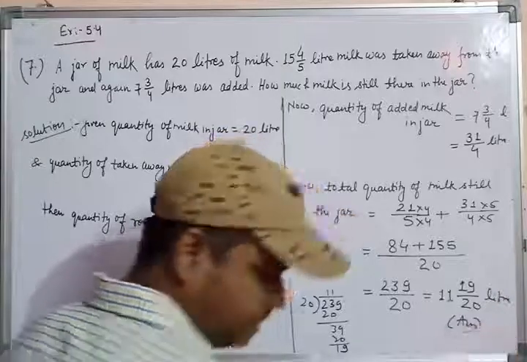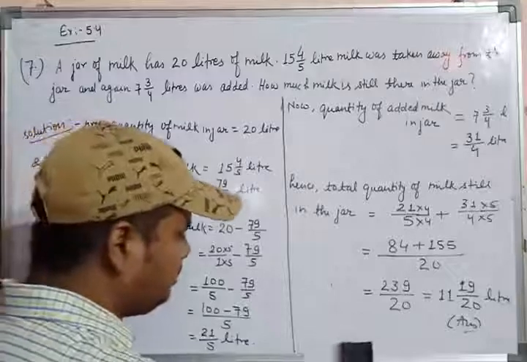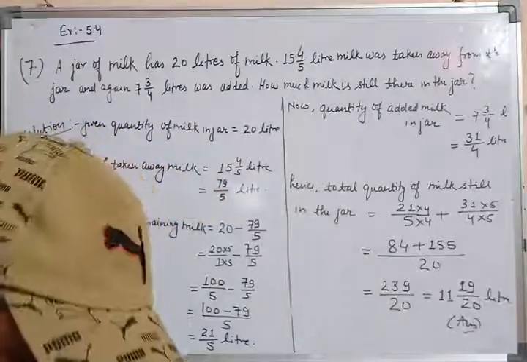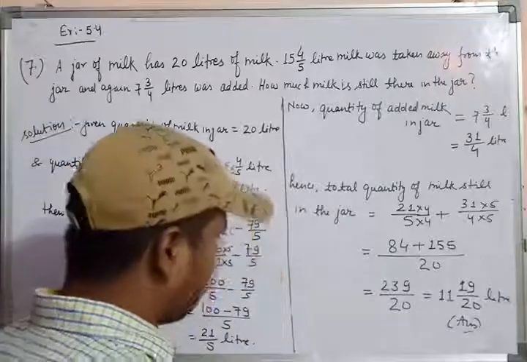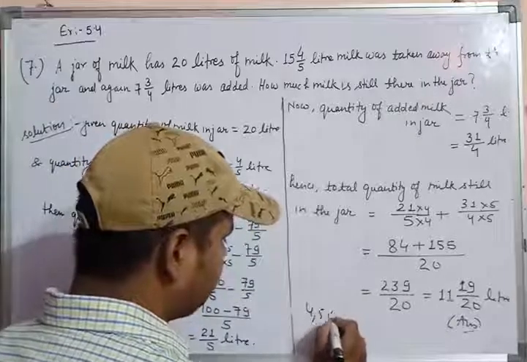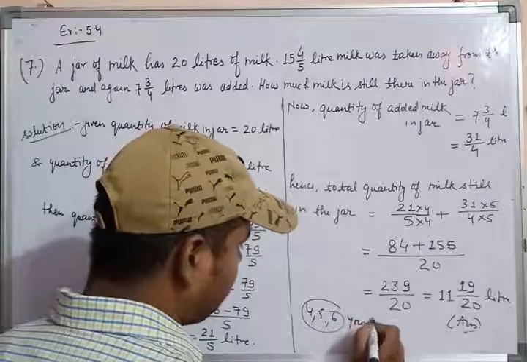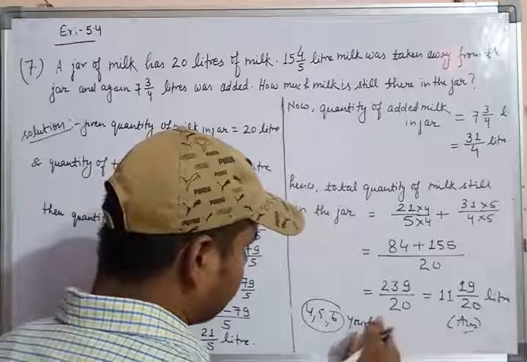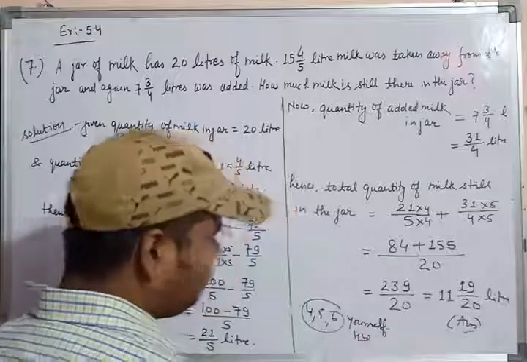Now students, this is the last question of this exercise and you have to solve the remaining part of this exercise, that is 4, 5 and 6. Student, 4, 5, 6 you have to solve by yourself. Okay, this is the homework.